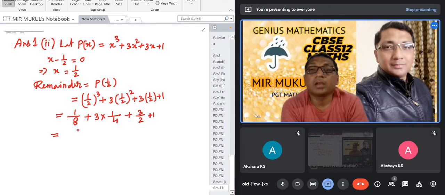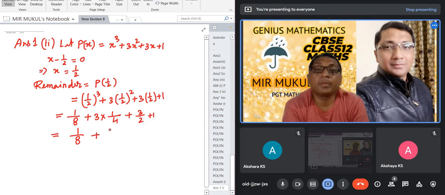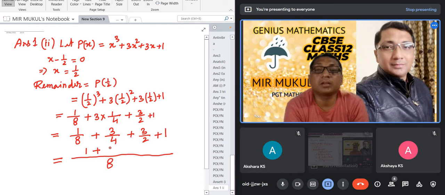Okay. So first term 1 by 8 plus 3 by 4 plus 3 by 2 plus 1. Now take LCM, all are fractional numbers. So 8 is the LCM. 1 plus 6 is 7, 3 by 4 is 6 by 8, 3 by 2 is 12 by 8, 1 is 8 by 8.